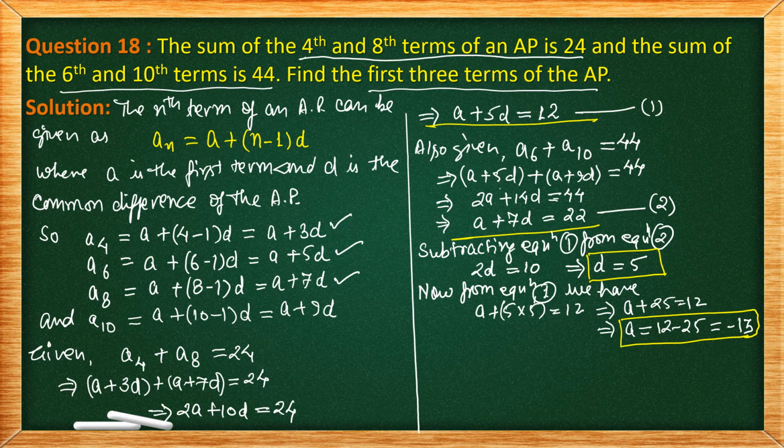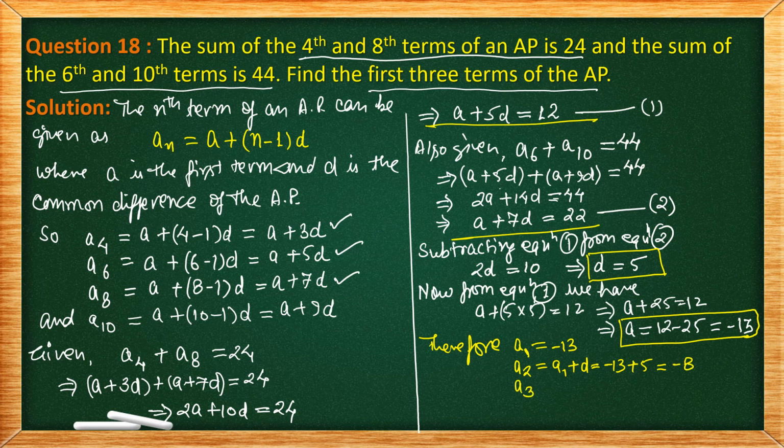So now we can find out the terms. Therefore a1 is equal to minus 13. a2 is equal to a1 plus d, that is minus 13 plus 5, and it is equal to minus 8.